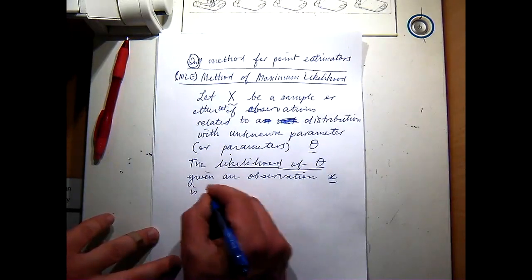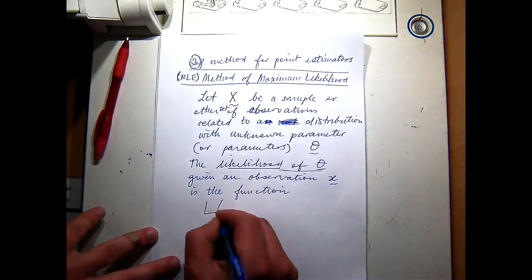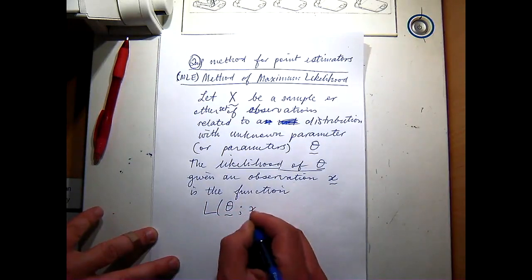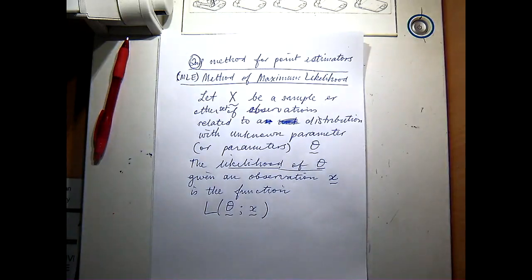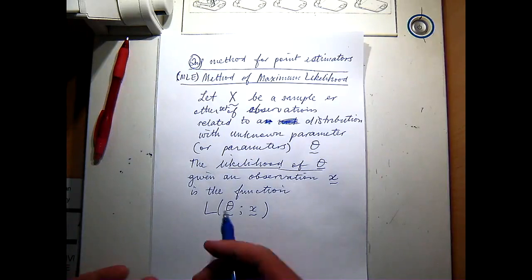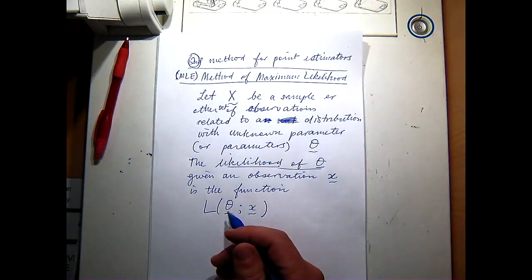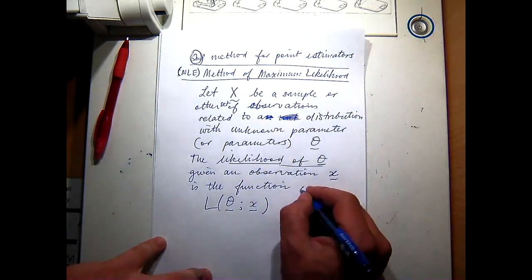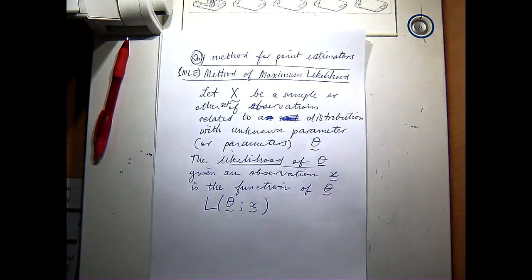Now we're going to use a capital L for this function, L of theta, and I'll also put x in the function. But as you'll see, x is not really the parameter of the function. x is just information that's given to you. The real parameter of the function is theta, and we will be maximizing that function over theta. You find the theta that maximizes that function. So you should think of it as a function of theta, and x is just what's given. So it's kind of thinking backwards.